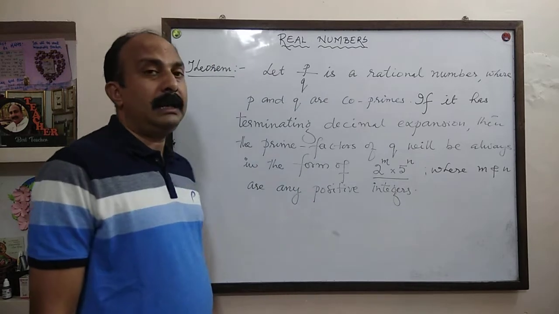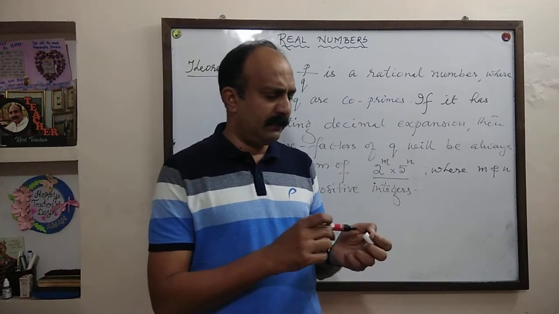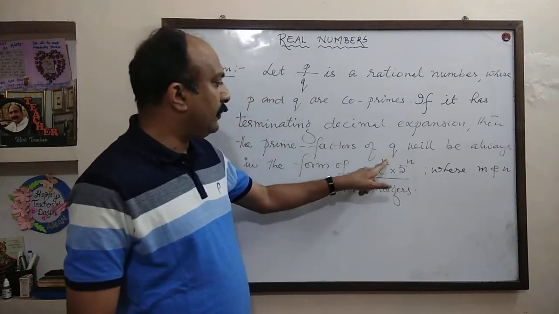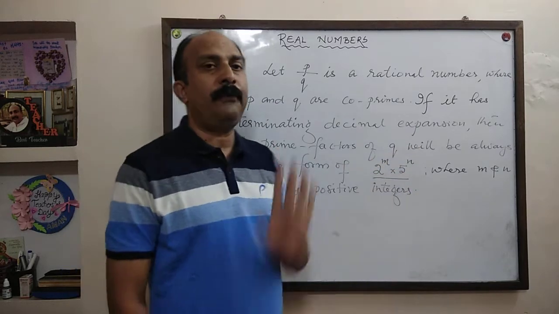Where m and n are any positive integers. What does it mean? Any power of 2's and any power of 5's.